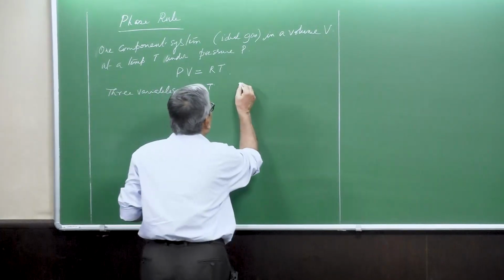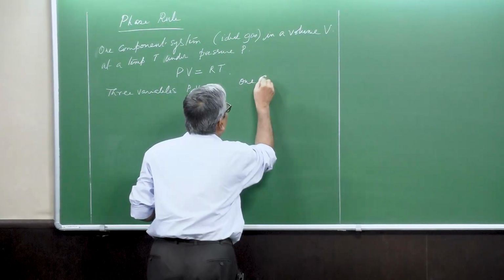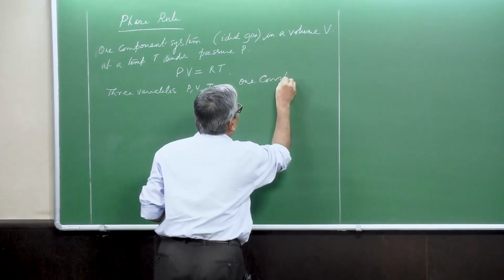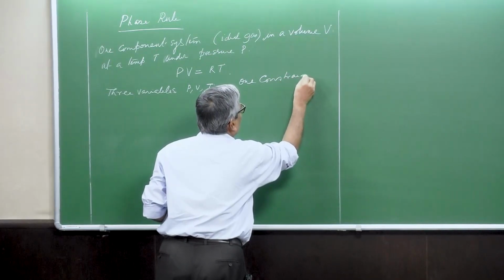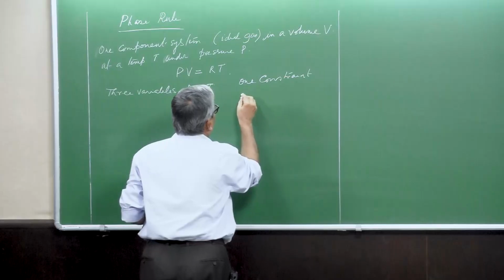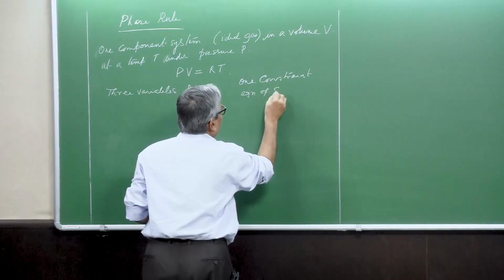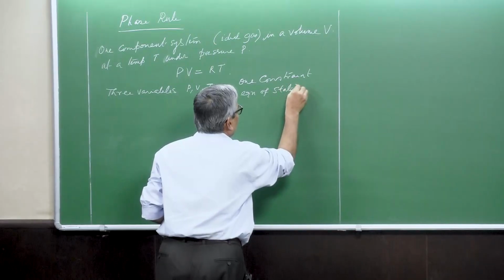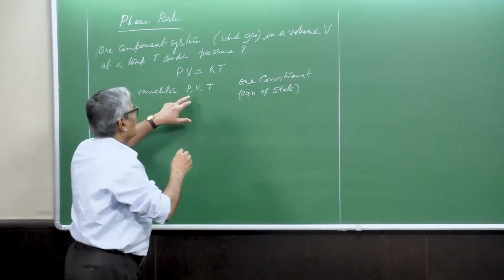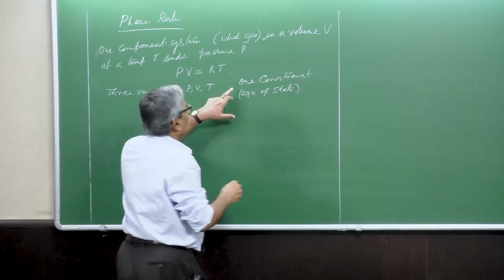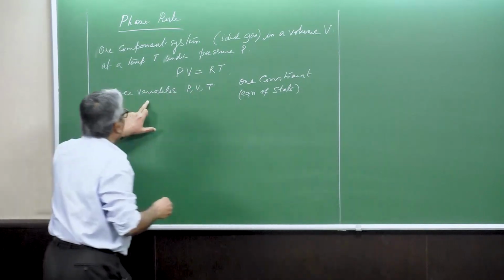So one constraint is the equation of state. The equation of state is a constraint, so I have one constraint and 3 variables.